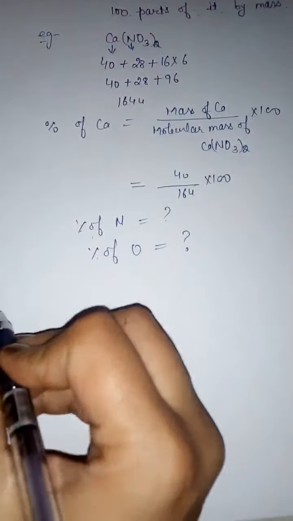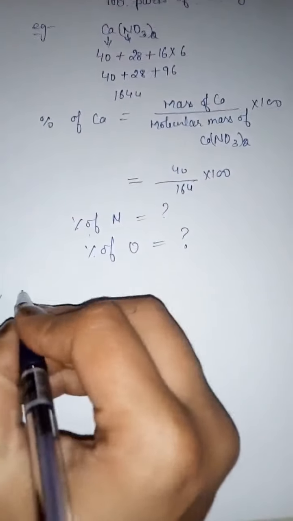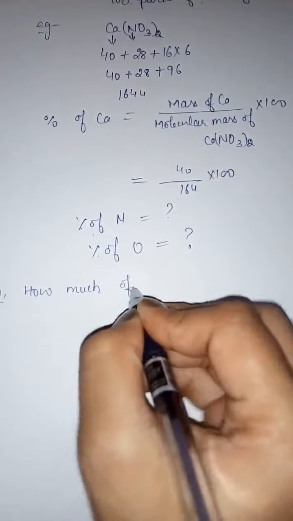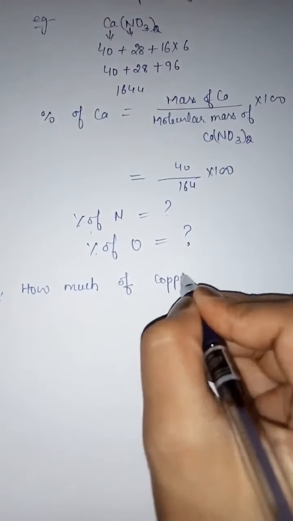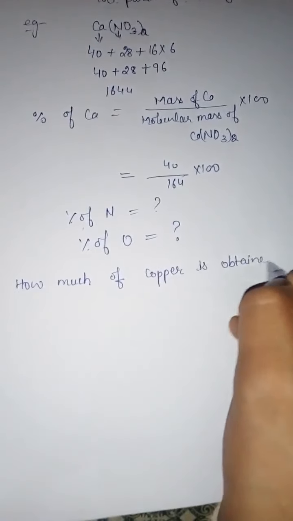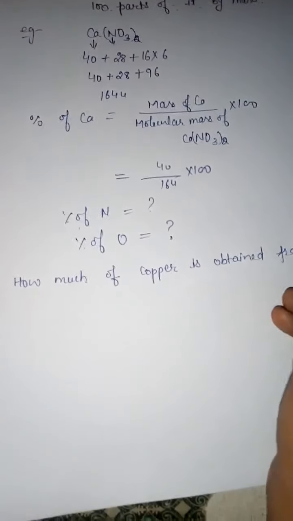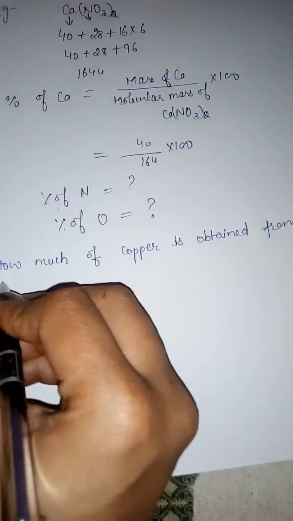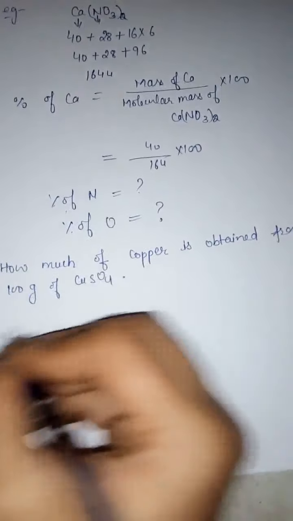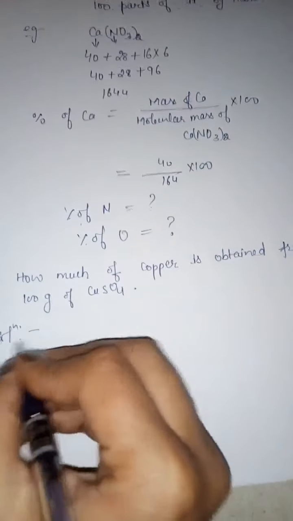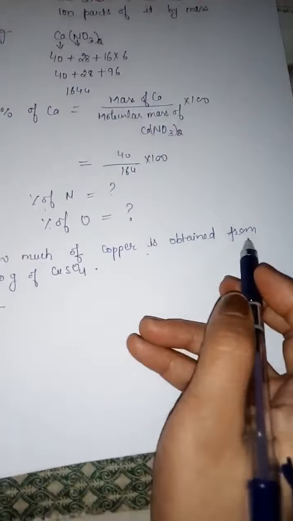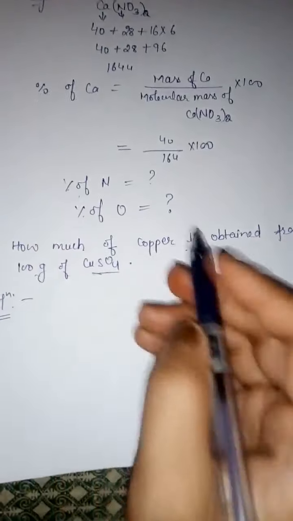Now we will do one numerical. The numerical is: how much copper is obtained from 100 gram of copper sulfate.